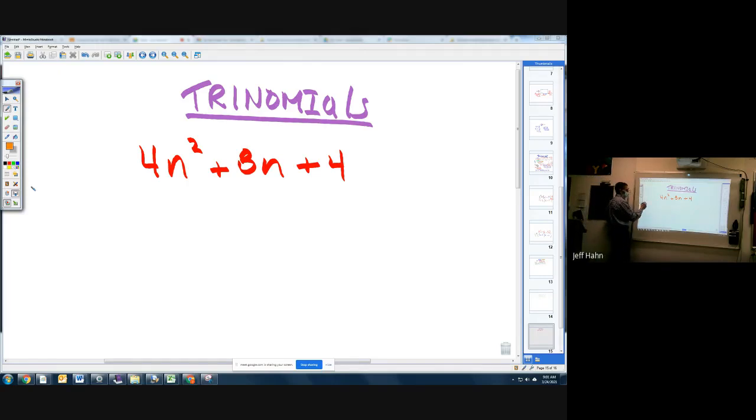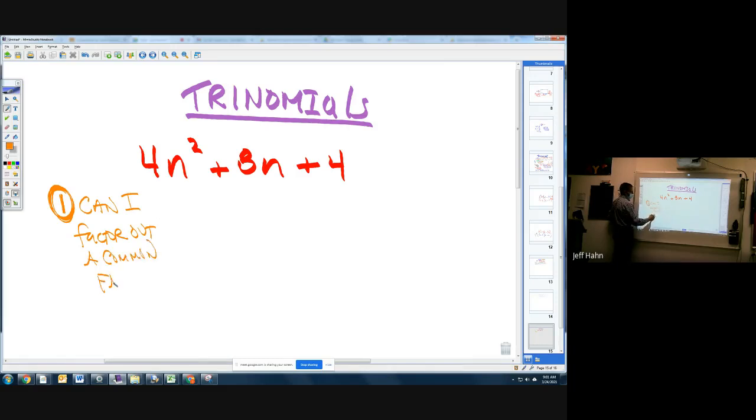The very first thing when you see a trinomial, the very first thing you want to look for is, can I factor out a common factor of all terms? That is what you need to ask yourself very first.